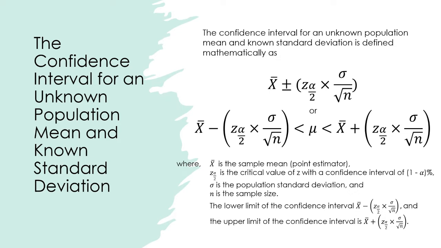The lower limit of the confidence interval is x bar minus quantity of z alpha half multiplied to sigma divided by square root of n. And the upper limit of the confidence interval is x bar plus z sub alpha half multiplied to sigma divided by square root of n.